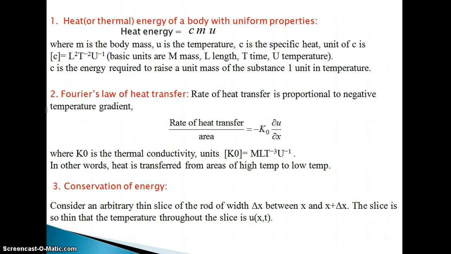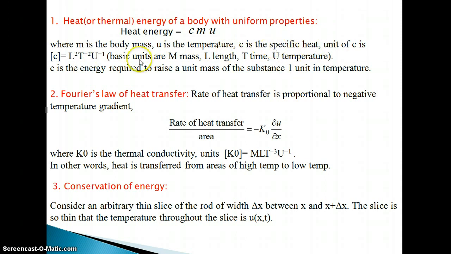The first principle we use is that the heat energy or thermal energy of a body with uniform properties is defined as the product of the specific heat, mass and temperature, so C times M times U, where M is the mass of the solid body, U is the temperature, and C is the specific heat of that material.